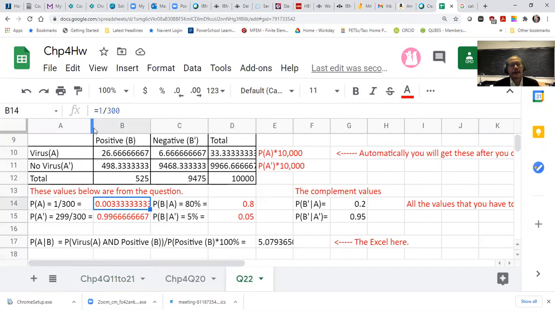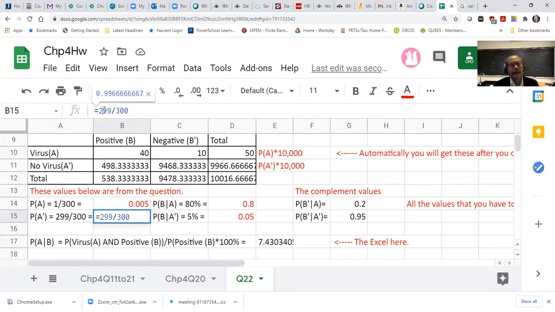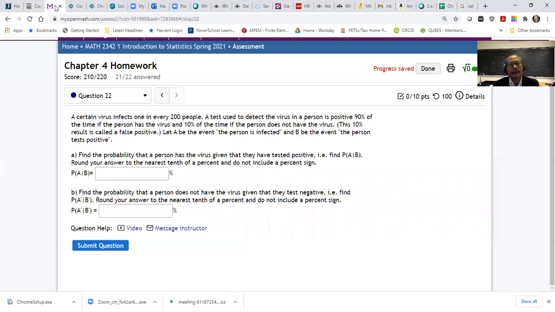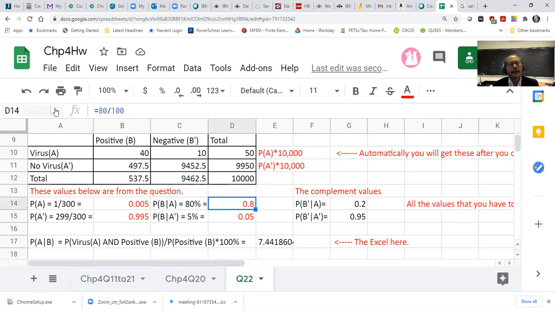So you need to change this to 200. So the one that is not will be 199 over 200, right? And how many percent? 90. So this will be 90.